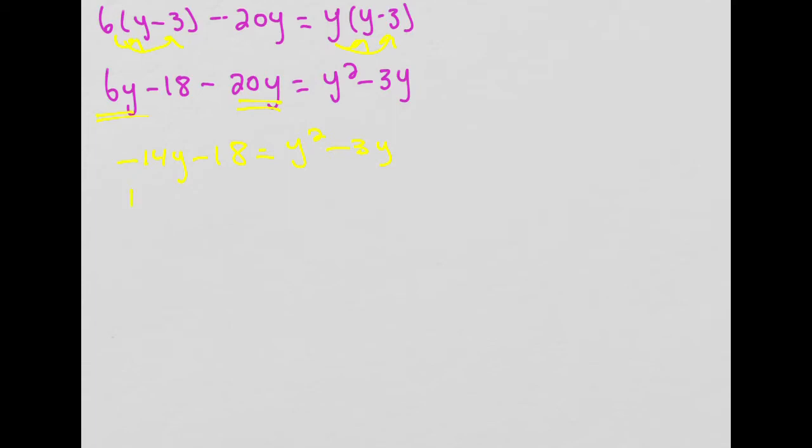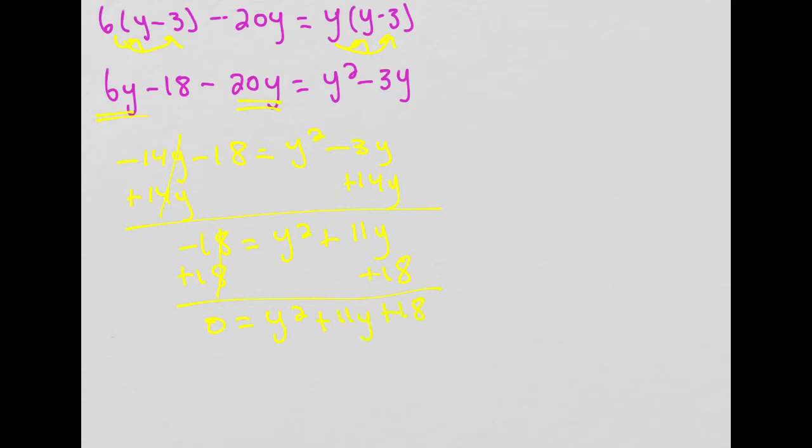So I'm going to go ahead and add the 14y to both sides. Negative 18 equals y squared plus 11y. And I'm going to add the 18 to both sides. 0 equals y squared plus 11y plus 18.